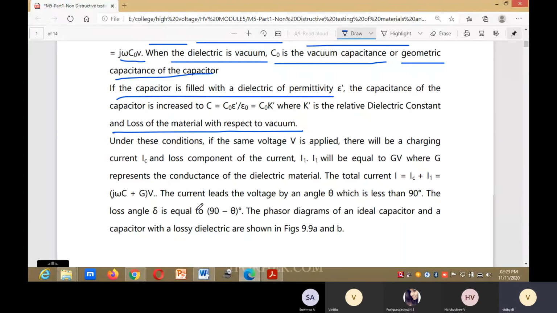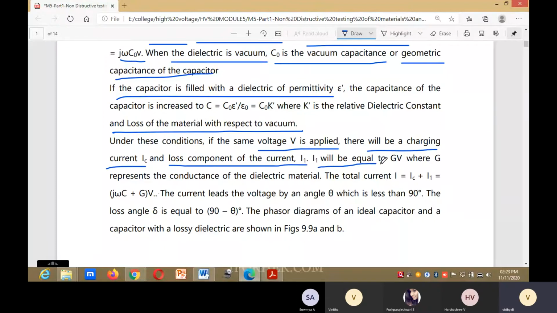Under these conditions, if the same voltage V is applied, there will be a charging current IC and a loss component of the current I1.